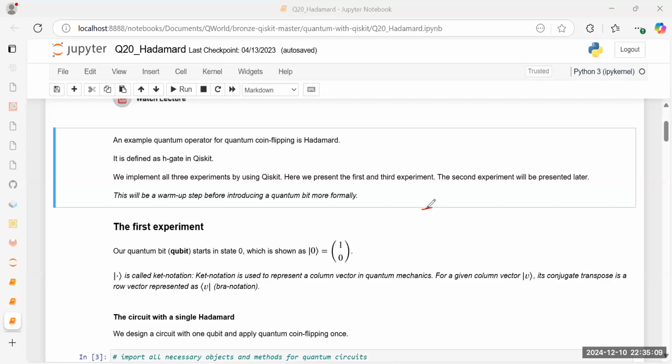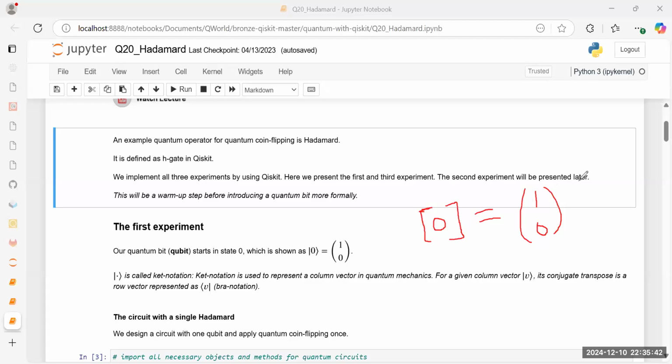In our classical case, let's say we had a coin facing head, and we said this represents the vector 1, 0, where 1 here is the probability that our coin is facing head, and 0 here is the probability that it's facing tail.